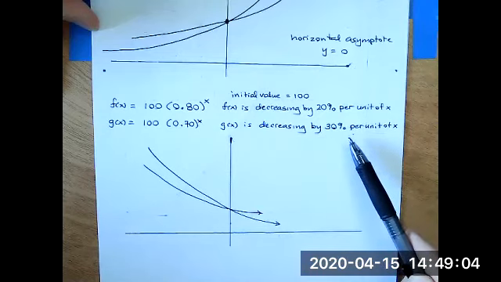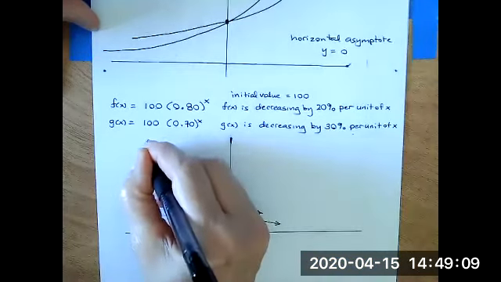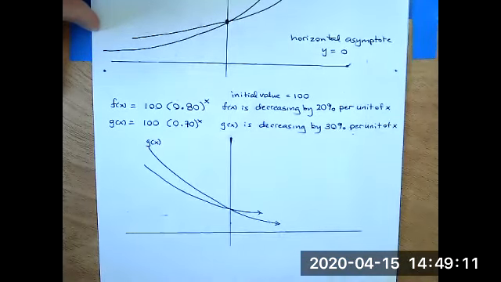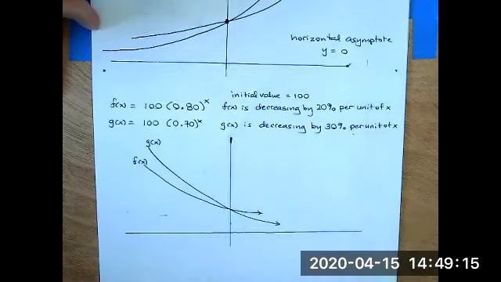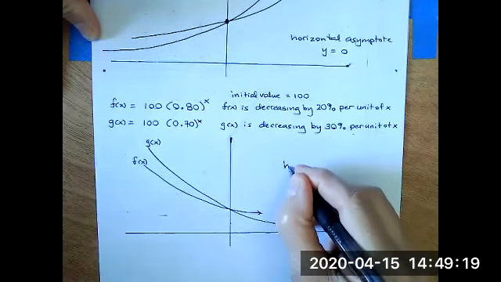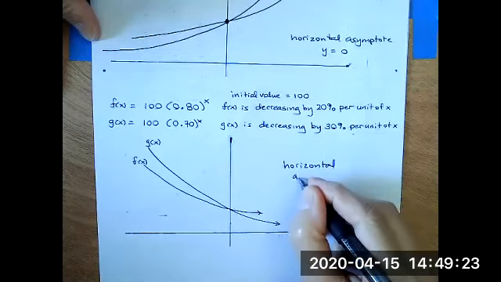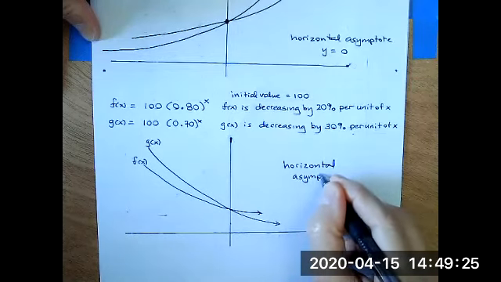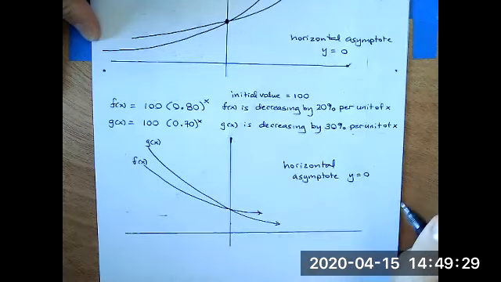So g of x is decreasing faster. That means this graph is g of x. This one is f of x. And again, they both have a horizontal asymptote of 0.